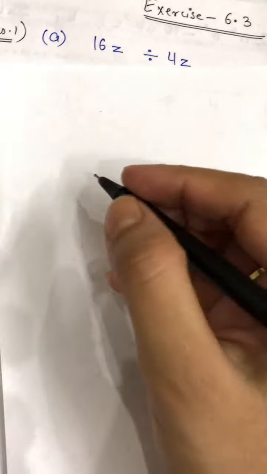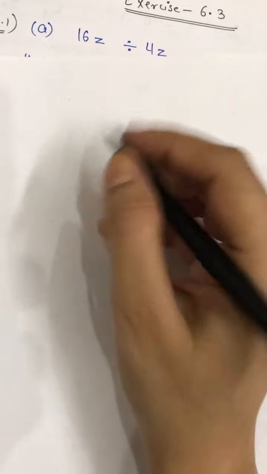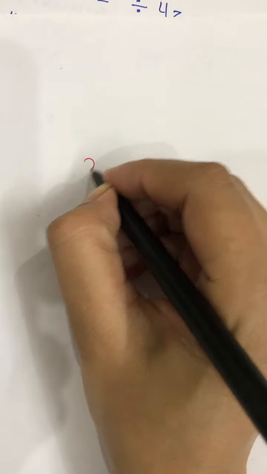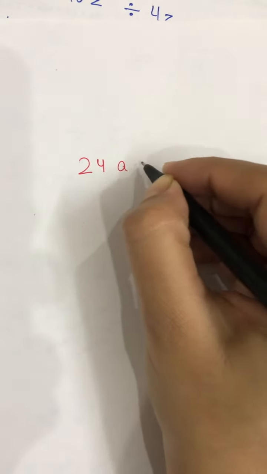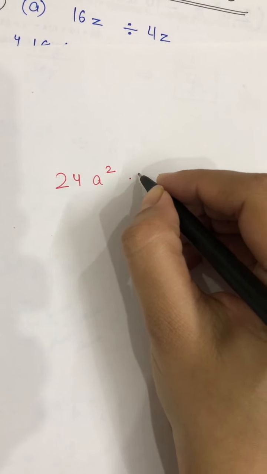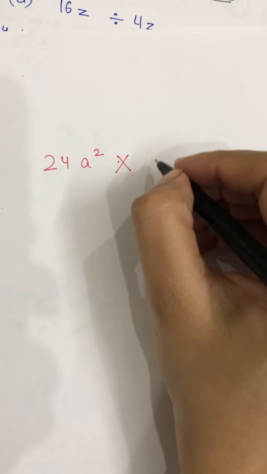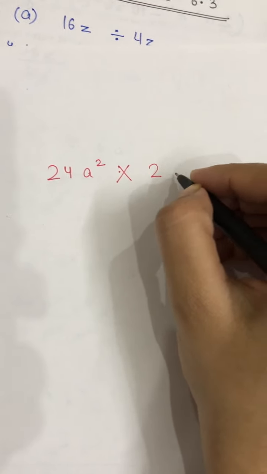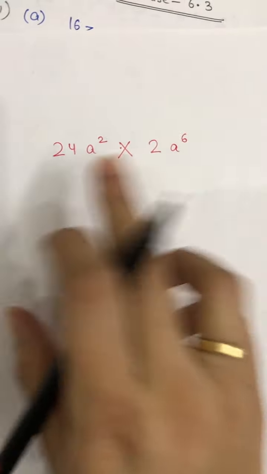I just want to tell you one thing. Whenever you are going to multiply two algebraic expressions, you have to add the powers of the variables. Suppose this is the question: 24a raised to power 2, and you have to multiply with 2a raised to power 6. How will you multiply?